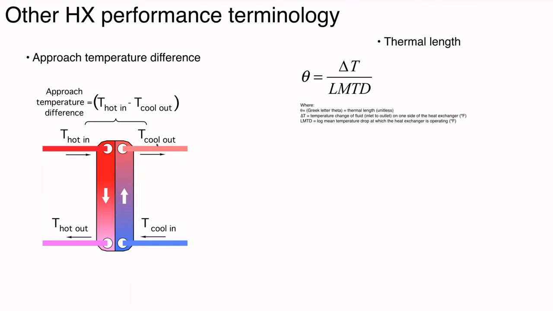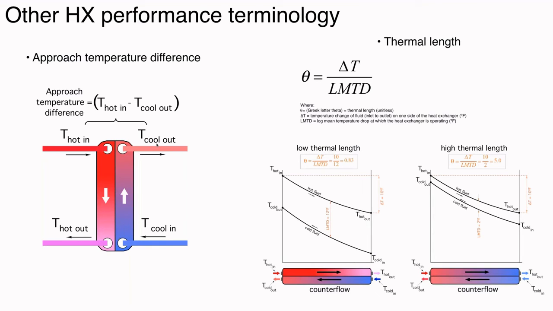Now, another term that is less common, but it's an interesting term, called thermal length of the heat exchanger. What this is, is the temperature change of the fluid. Let's take one fluid. Let's say it's the hot fluid. It would be the temperature change of the hot fluid, divided by the log mean temperature difference across the heat exchanger.